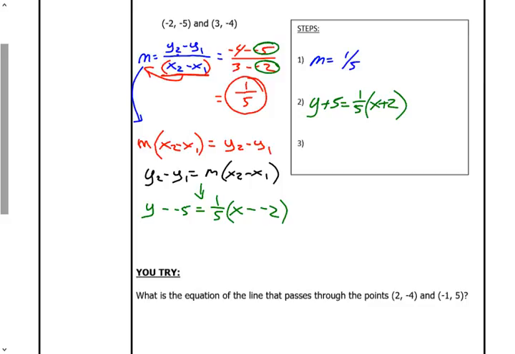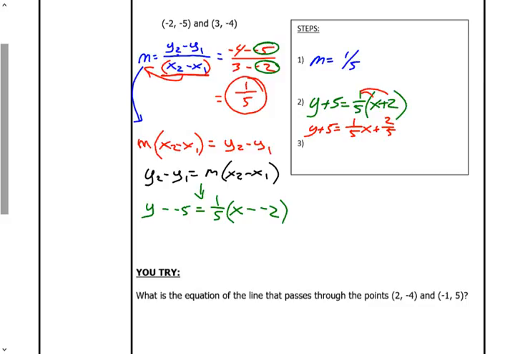Unfortunately, you're never going to leave it in that form. Your answers are always going to be y equals mx plus b. So to solve that, you're going to need to distribute that 1/5 and then subtract 5 from both sides.